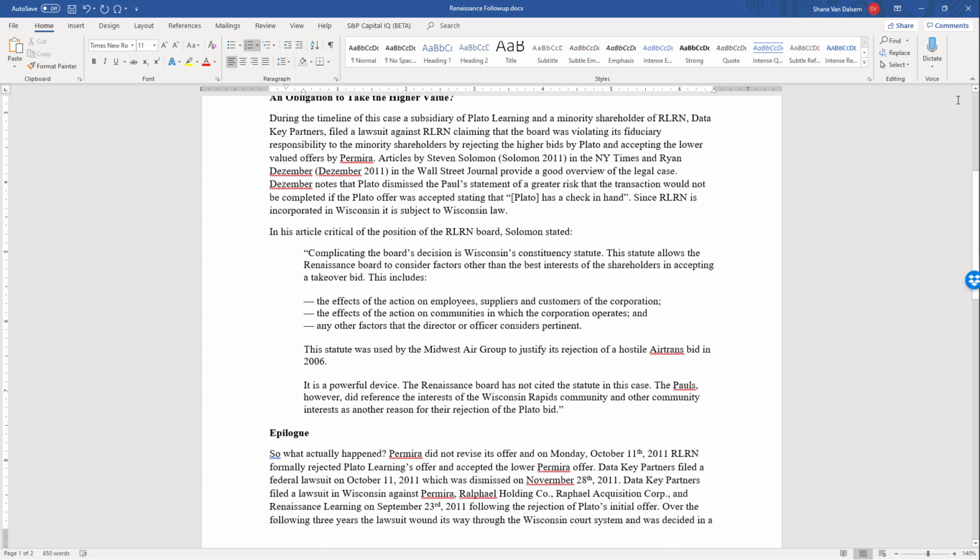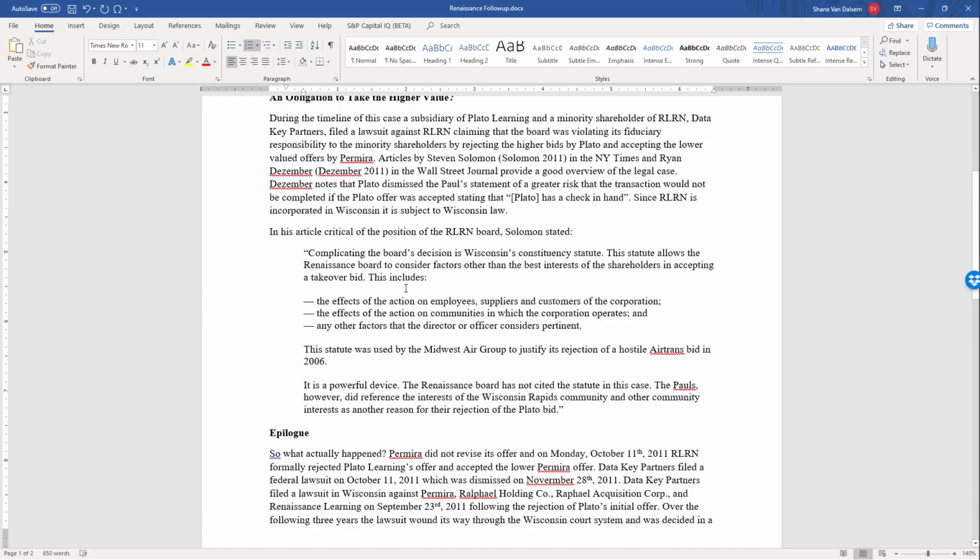The other reason for that lawsuit by Data Key Partners failing was that there is a weird thing in Wisconsin law, and it's called the Wisconsin Constituency Statute. Complicating the board's decision is Wisconsin's constituency statute.